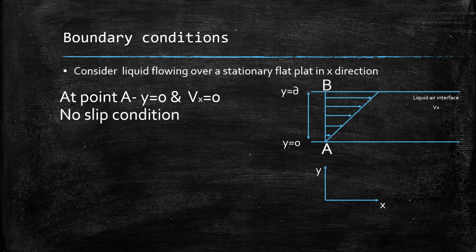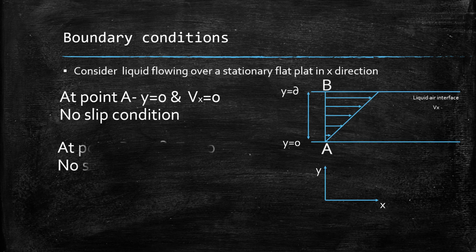At y is equal to 0 the plate is stationary. So the immediate layer at y is equal to 0 will have no velocity, right? So Vx at y is equal to 0 would be 0. This is also called the no slip condition.